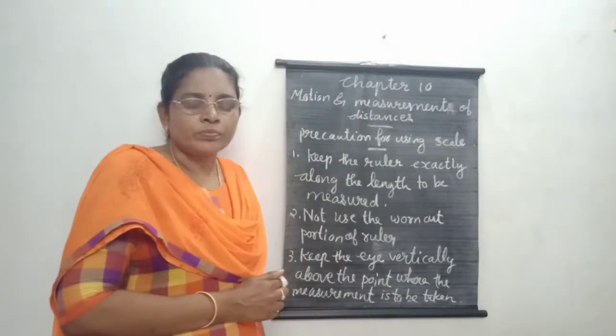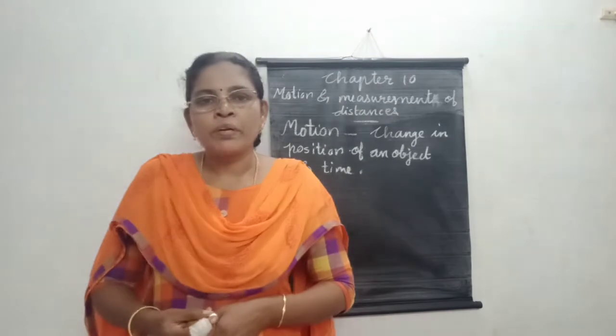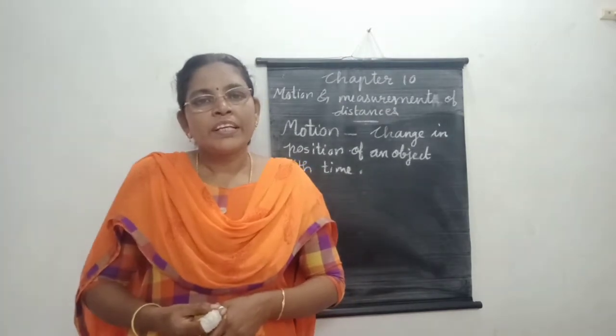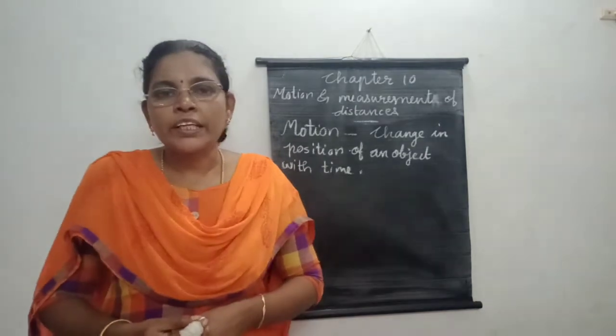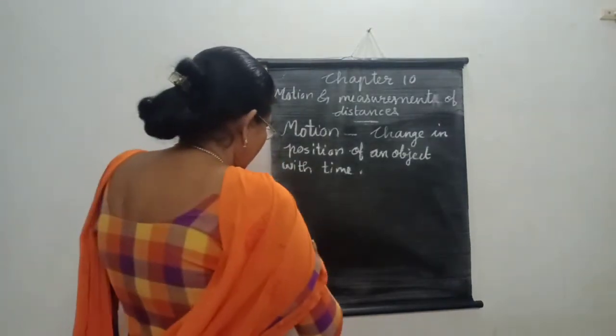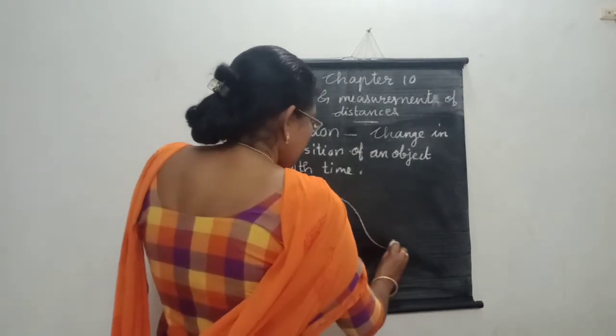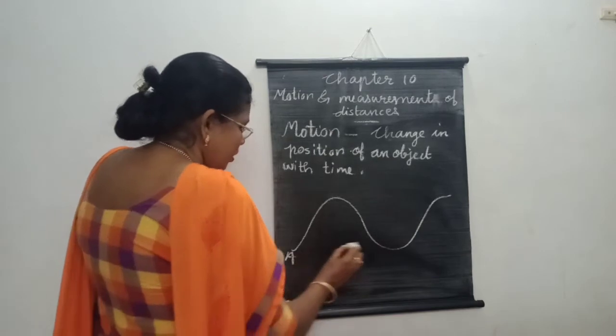Okay. Now we are going to see how we measure a curved line AB. Look. It is a curved line AB.